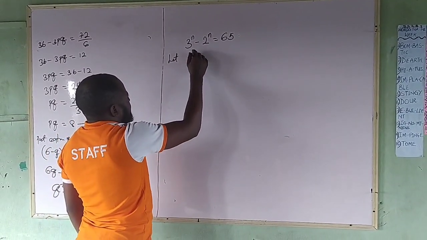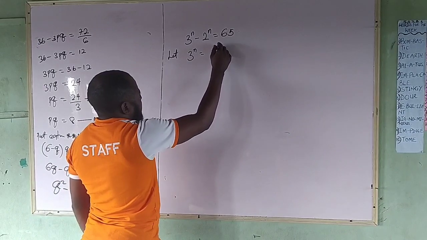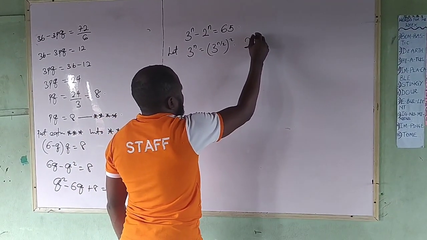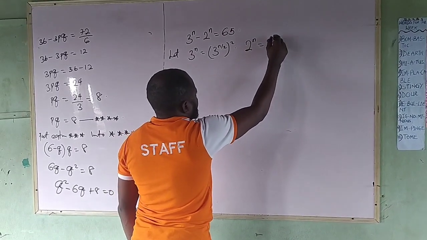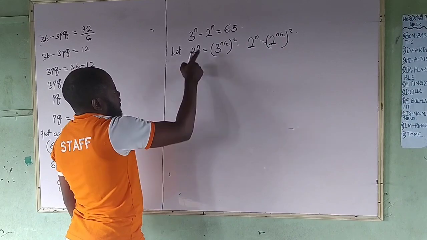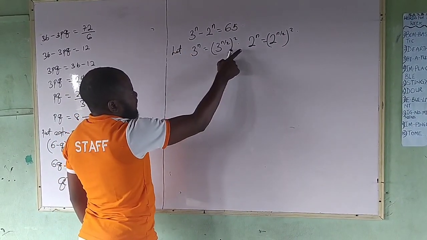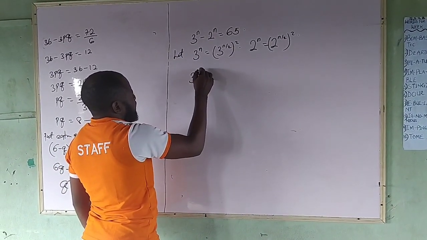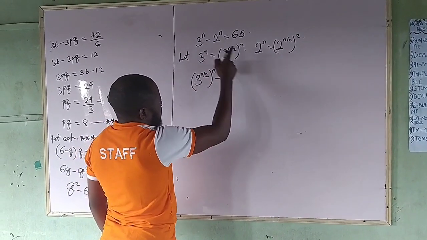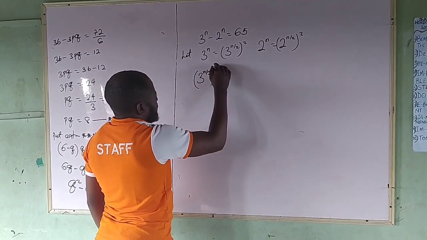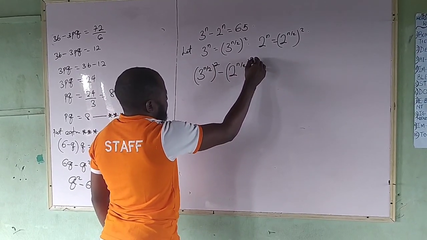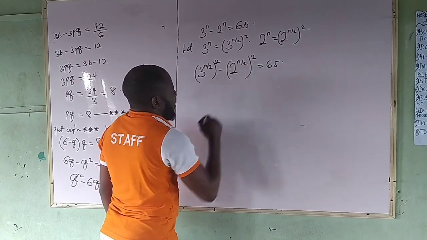Let's rewrite 3 to the power of n as 3 to the power of n over 2 all squared, and 2 to the power of n as 2 to the power of n over 2 all squared. Then I'm going to have 3 to the power of n over 2 all squared minus 2 to the power of n over 2 all squared equals 65.